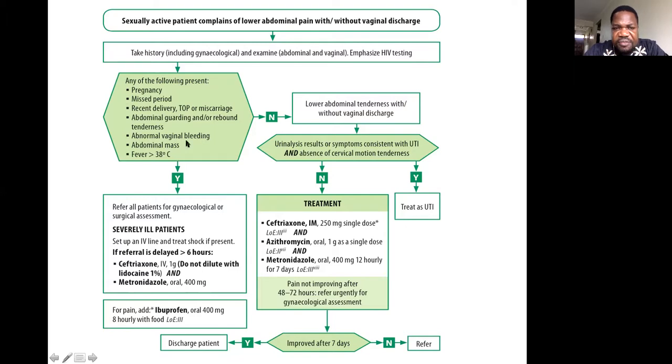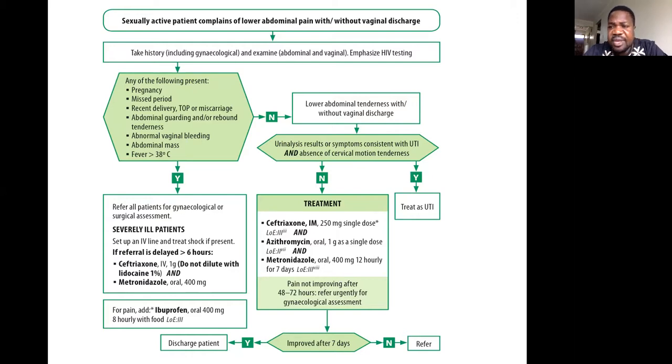But if none of these is established, you look at the low abdominal tenderness with or without discharge, you do a urine analysis, and here you can still give ceftriaxone IM 250 milligrams, you add azithromycin and metronidazole, you give something for pain, then you review the patient after 2 to 3 days, but it's better you refer this patient to a gynecologist.